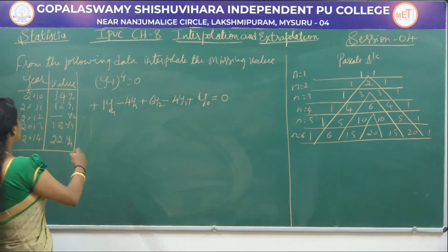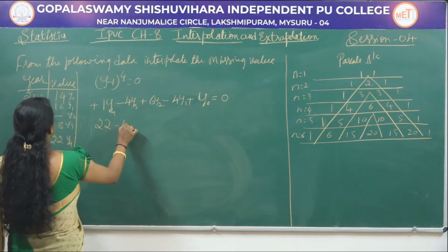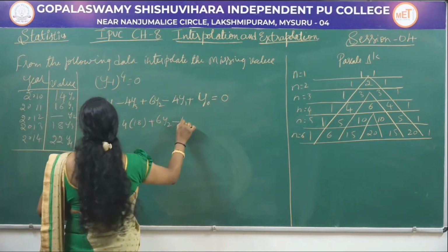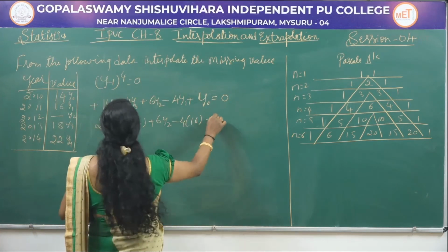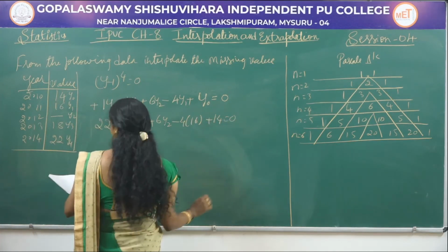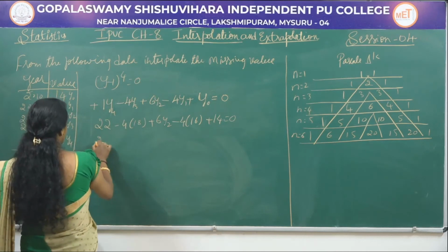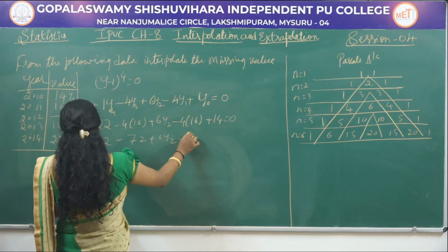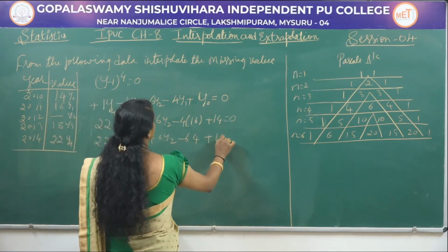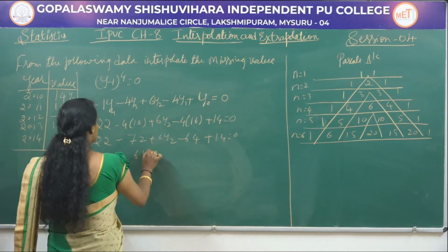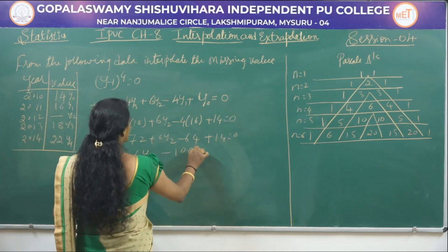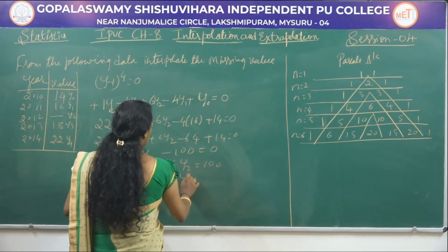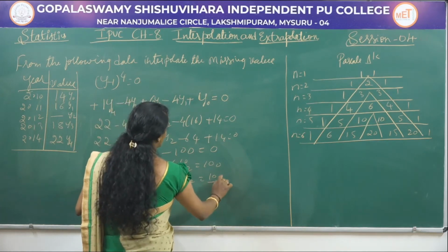Next substitute the y values. It is 22 minus 4 into 18 plus 6y2 minus 4 into 16 plus 14 is equal to 0. Next the simplification. It is 72 plus 6y2 minus 64 plus 14 is equal to 0. 6y2 minus 100 is equal to 0. 6y2 is equal to 100. y2 is equal to 100 divided by 6.